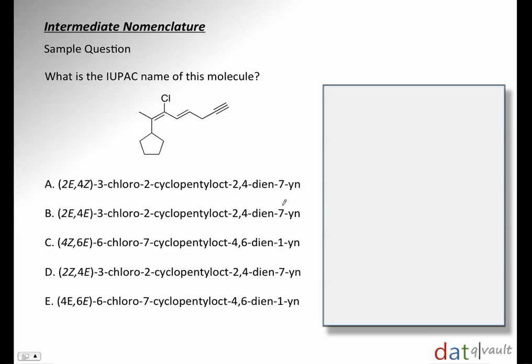Alright, so similar to the actual DAT, we're going to be given a piece of laminated dry erase board to try to figure out the answer to this problem. So the quickest way to figure out the answer is to first quickly draw out the molecule itself.